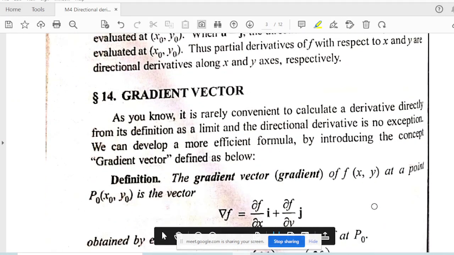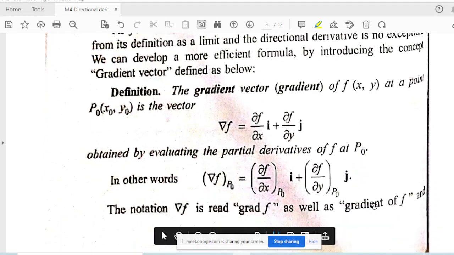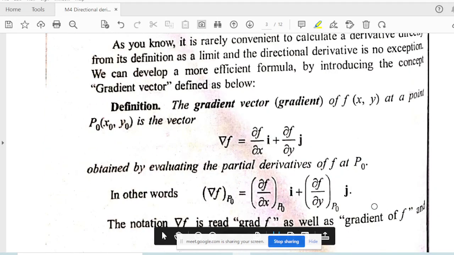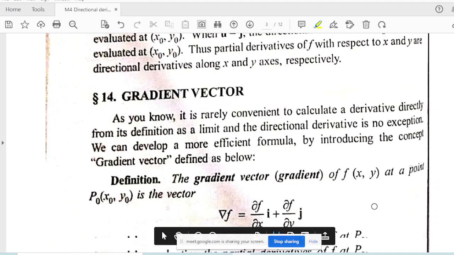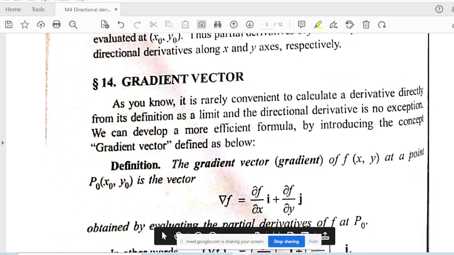Now next is the gradient vector. The gradient vector is also an important concept for finding the directional derivative. The gradient of f(x, y) at a point x naught, y naught is the vector, which we can denote by nabla.